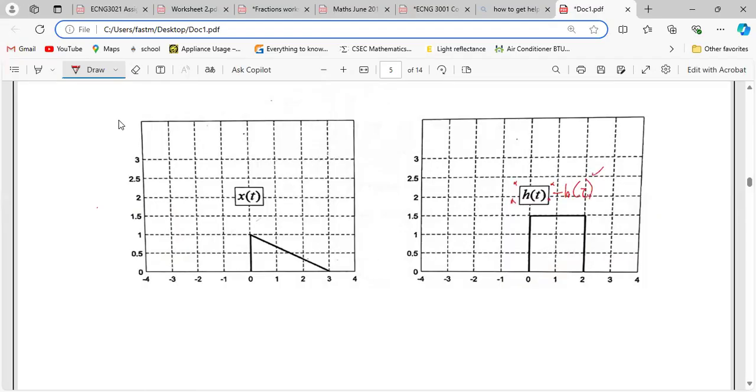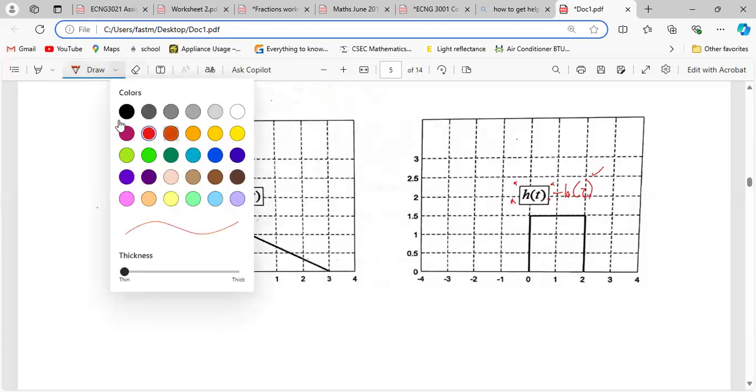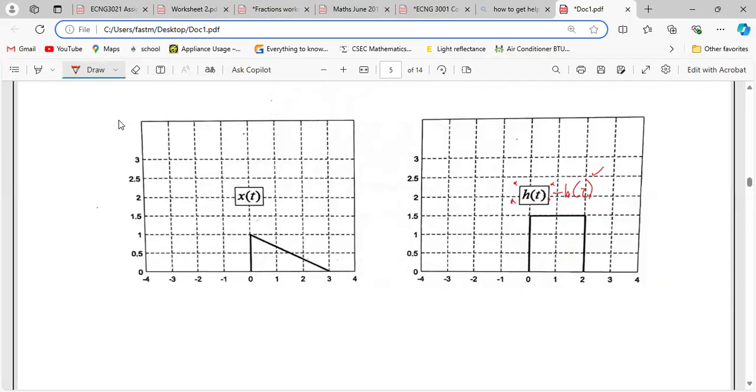Then you do a time reversal, and what's going to happen in the time reversal is that the points just invert. So you end up with this here, because 2 will become minus 2, and 0 is already at 0.